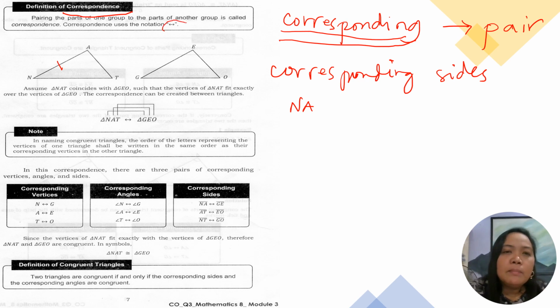This is the symbol. So we can say NA corresponds to segment GE, which means that vertex N corresponds with vertex G. Vertex A corresponds with vertex E. And vertex T should correspond to vertex O.